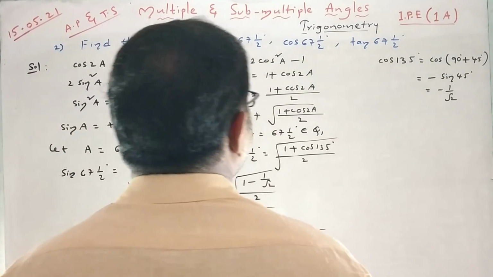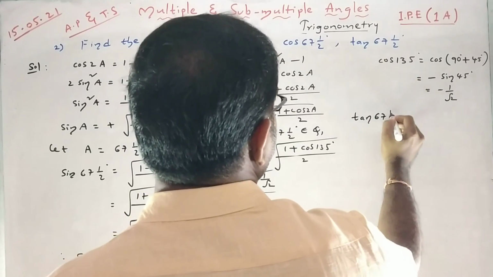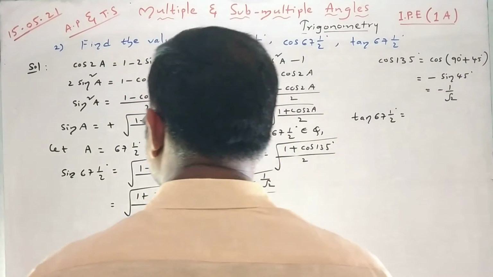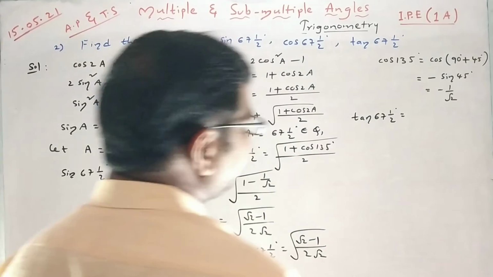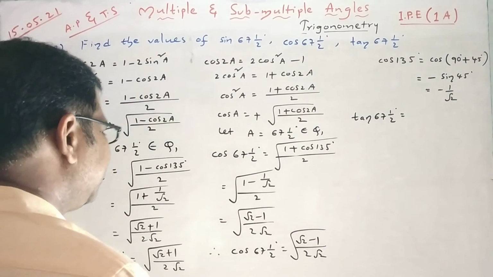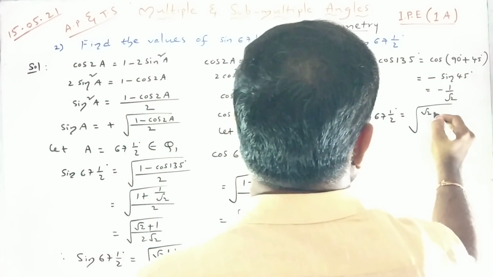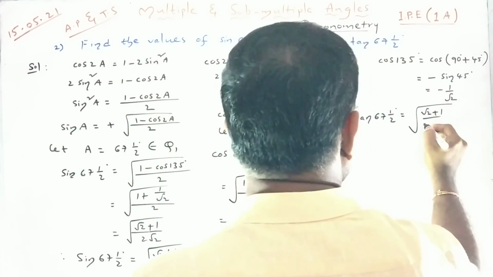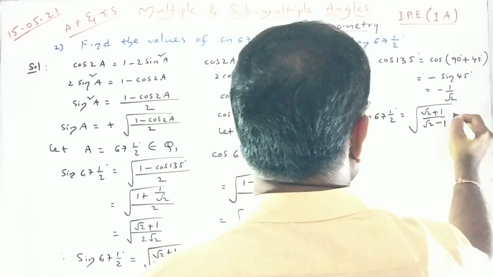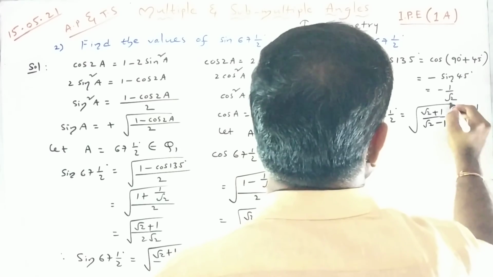Now for getting tan 67 and a half, I can divide sin by cos. We have the fundamental formula: tan theta means sin theta by cos theta. So we will get under root 2 plus 1 by root 2 minus 1. Rationalising, we will take root 2 plus 1 by root 2 plus 1.